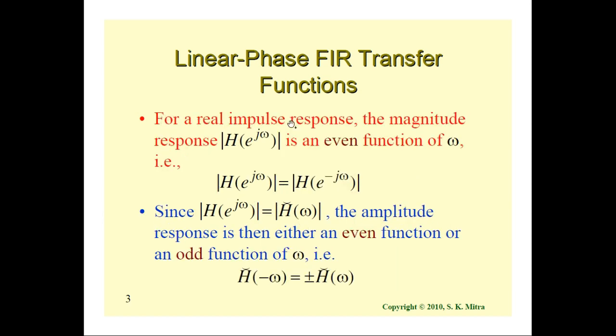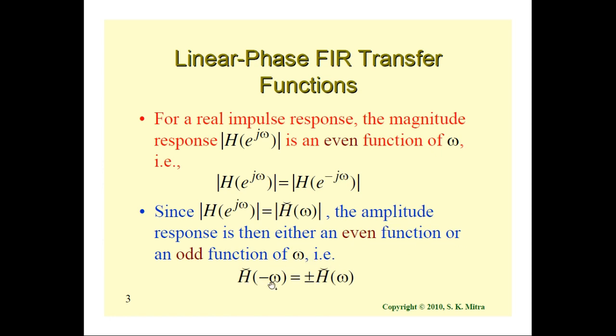Now if we have a real impulse response, we already know from the symmetry relations of the discrete time Fourier transform that the magnitude response is always an even function of omega, as depicted by this equation. And if we take the absolute value of the amplitude response, it becomes equal to the magnitude response. Therefore, the amplitude response is either an even or odd function of omega.